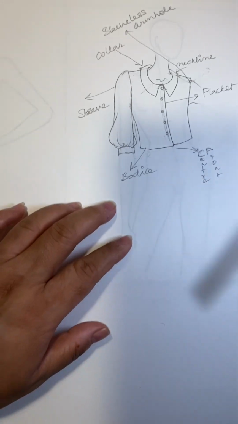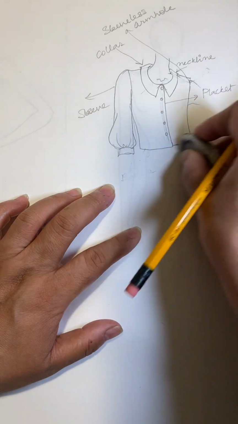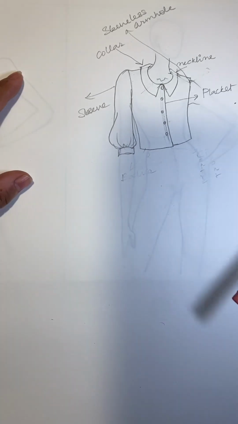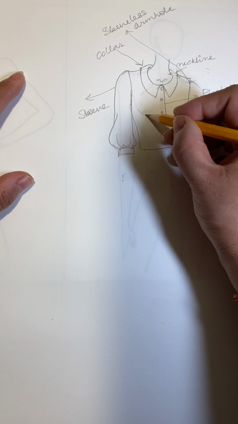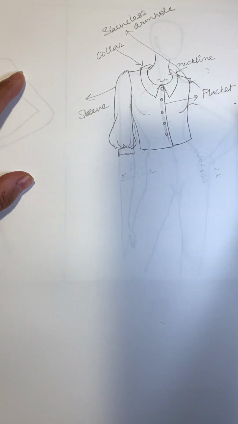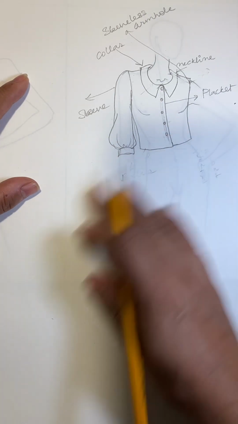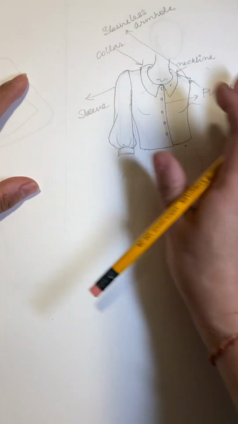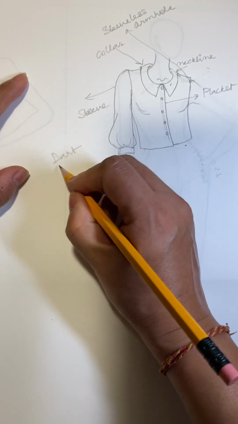Now if you go into slightly more advanced levels, this bodice right now is loose fitted. Suppose we want to give it a nice shape along the bust. We need to make it fitted. How do we make this bodice more fitted? What we do is add something known as a dart.